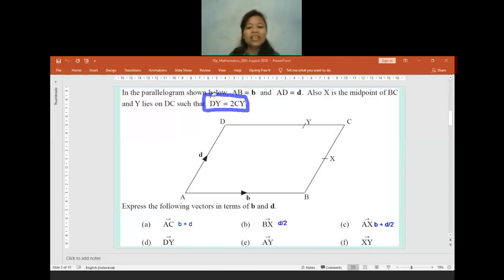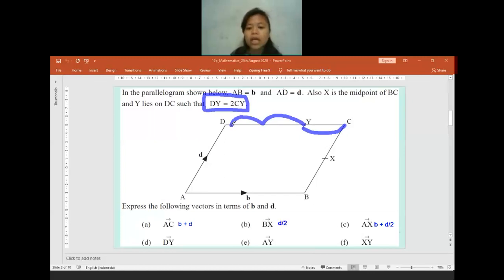So in here, you can see that dy is 2 times of cy. So this is cy, only this much. And then it says dy is 2 times of cy, so I can make it like this. This much is for cy. Not really accurate, maybe. So if cy is only this much, the dy will be 2 times of cy.